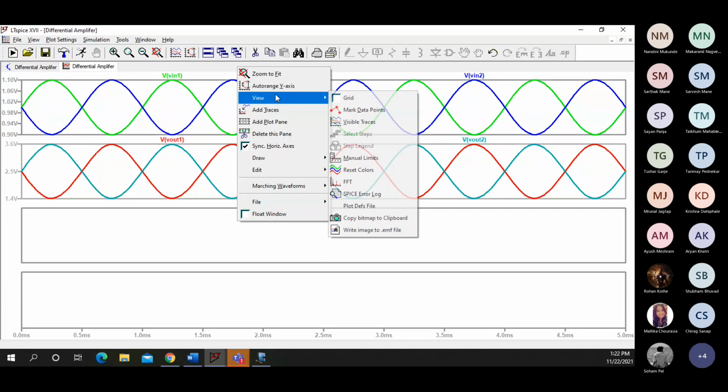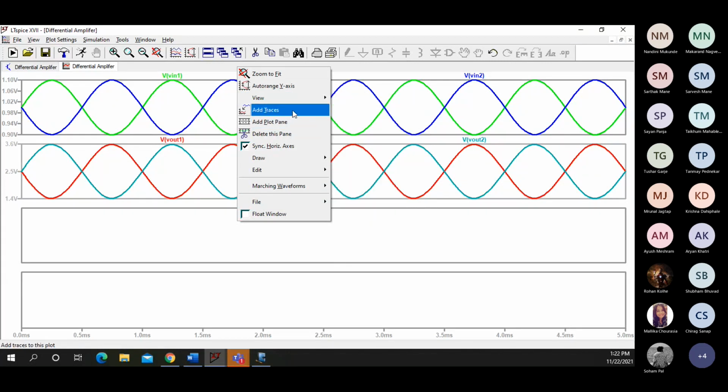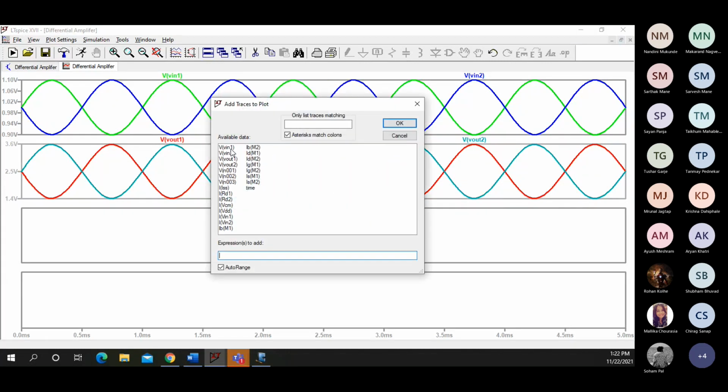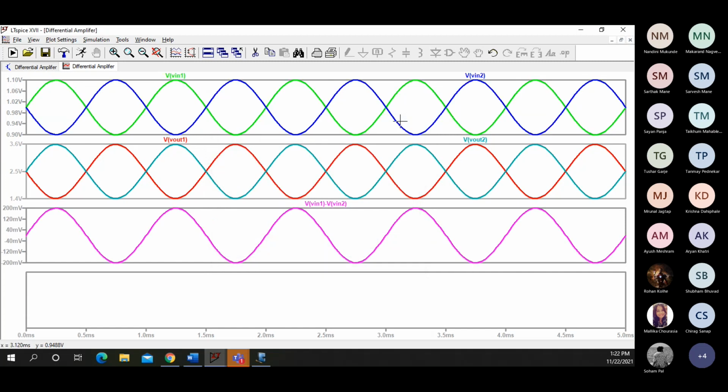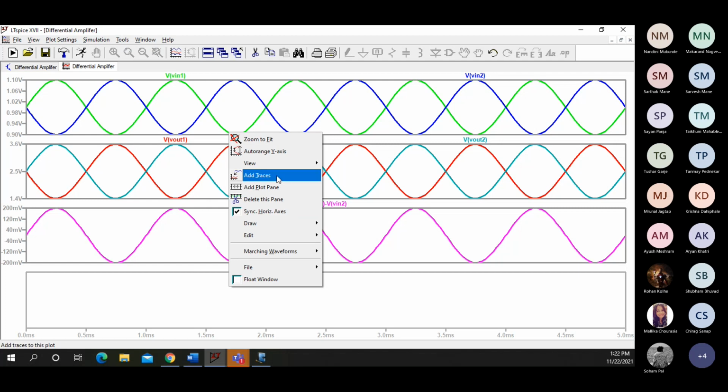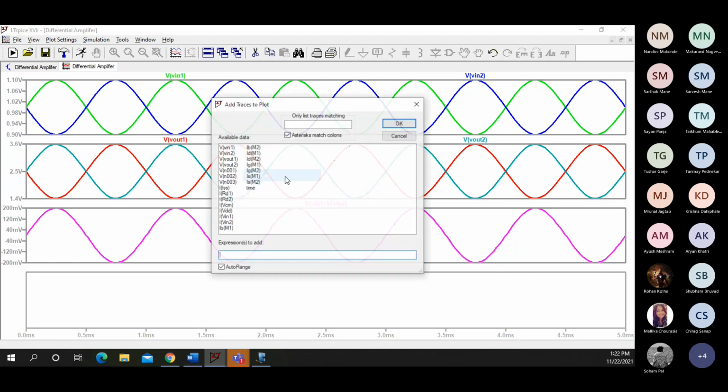So here I will now plot trace V in 1 minus V in 2. So this is the sinusoidal signal V in 1 minus V in 2. And now let's plot here V out 1 minus V out 2.